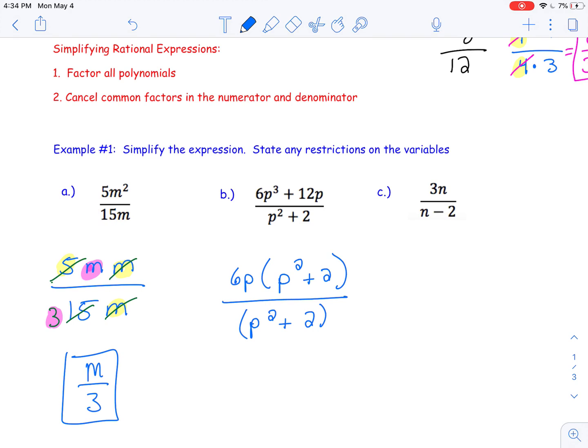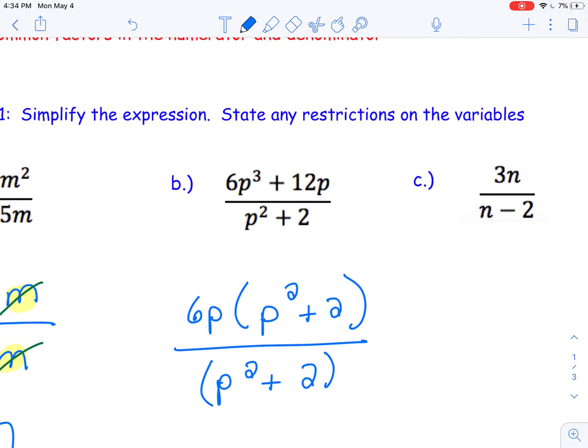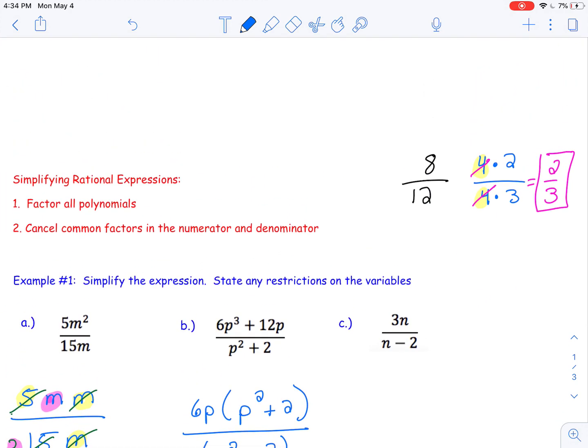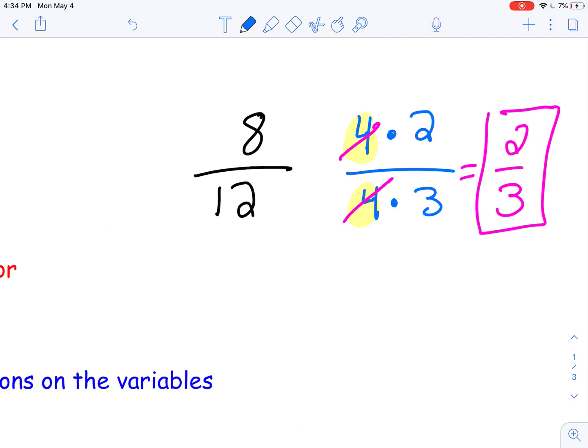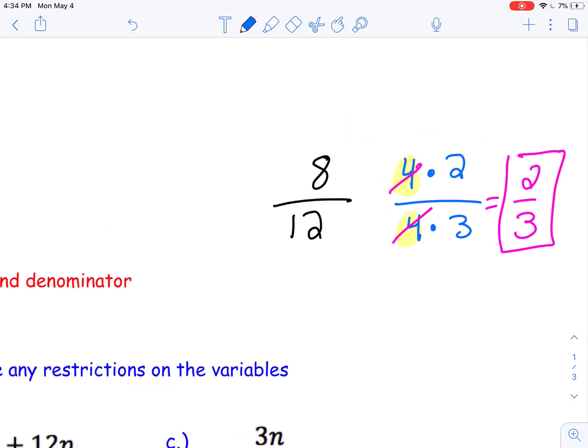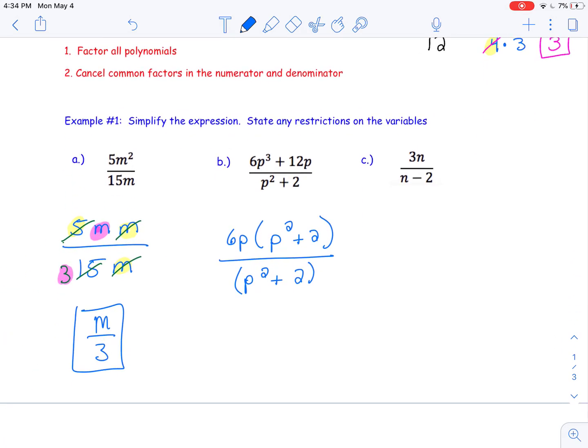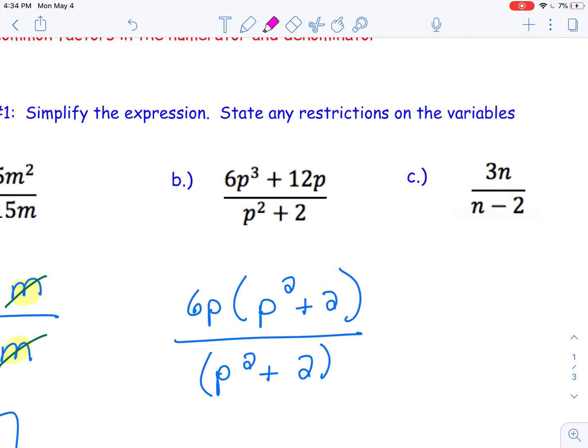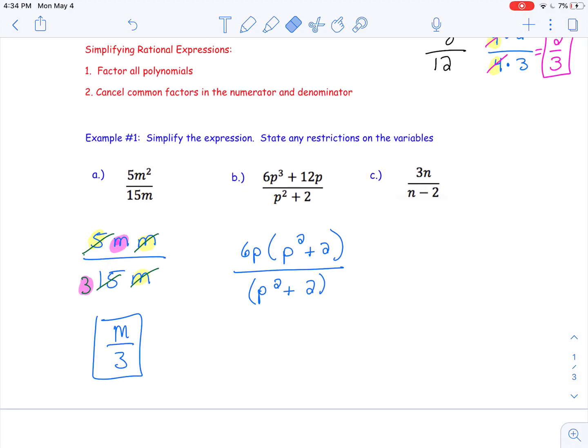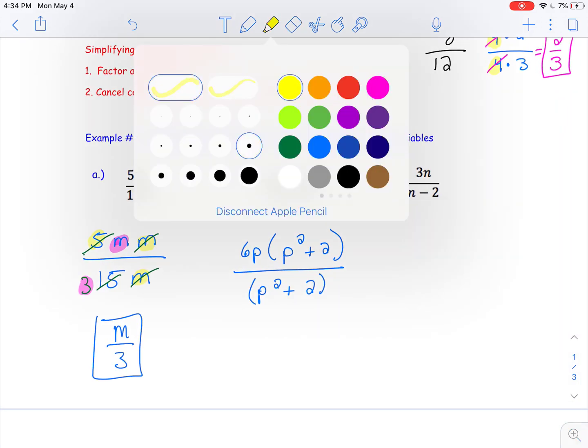One thing that I can't do is cancel before I factor. If you notice back up here, I had no addition or subtraction. I could only cancel things that are multiplied together. Same thing here. I can't cancel these p's. I can't cancel the 2 here. I can only cross out things that are multiplied together. So what can I cancel out here?